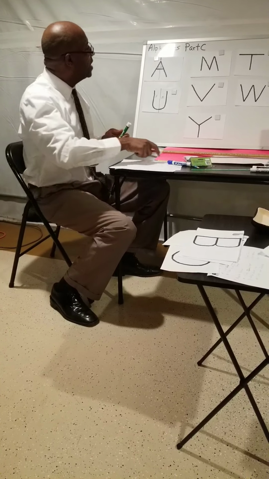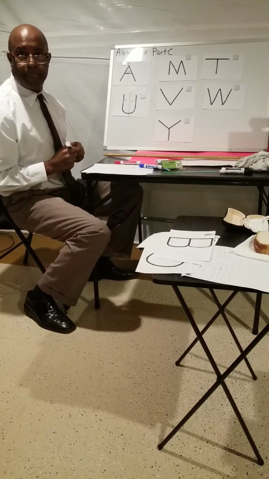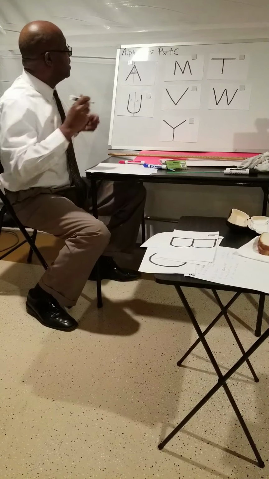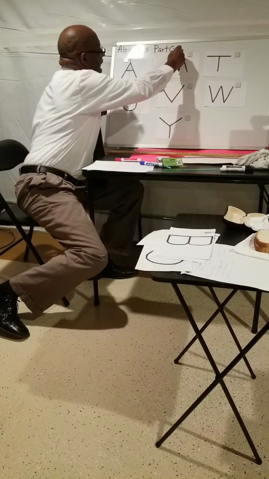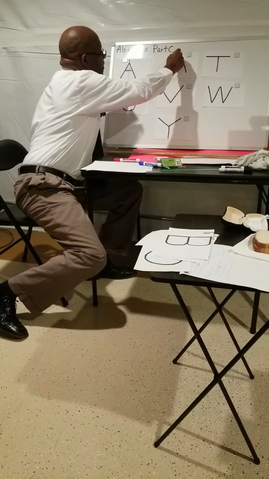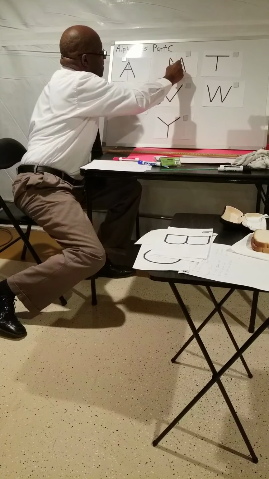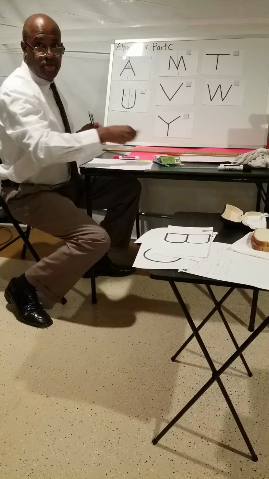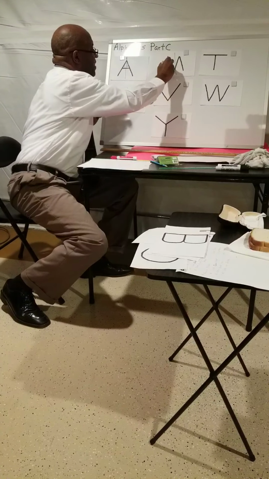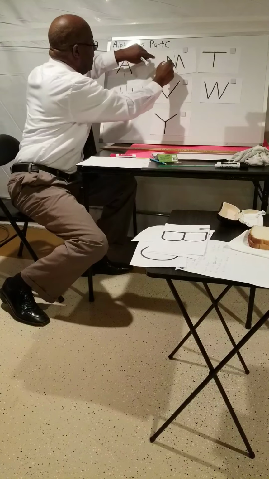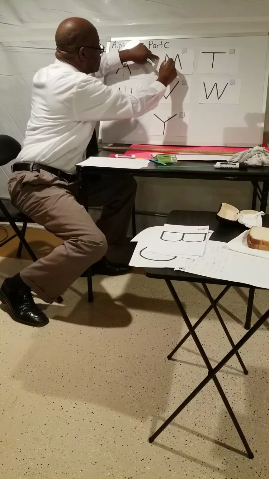Okay? Let's look at capital letter M. If we do a vertical line of symmetry down the middle of this M, what you would have is a line symmetric, side A and side B, when you fold them, they look exactly alike. That's your line symmetric.